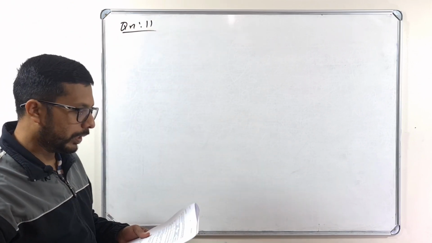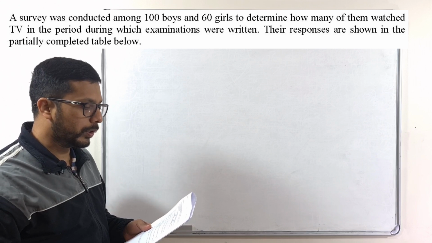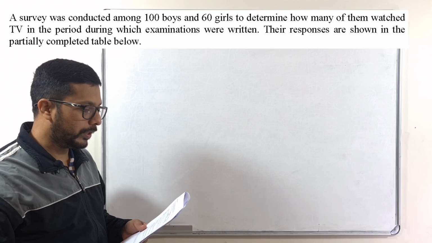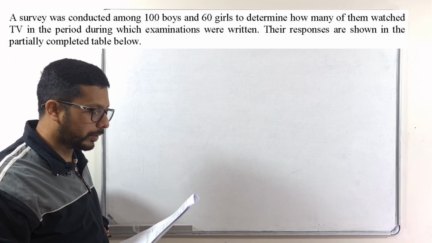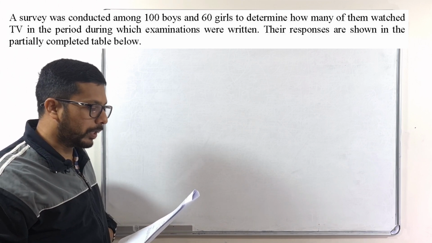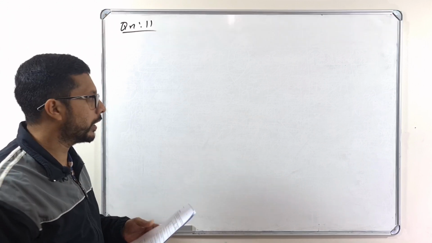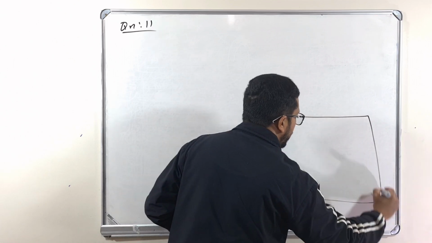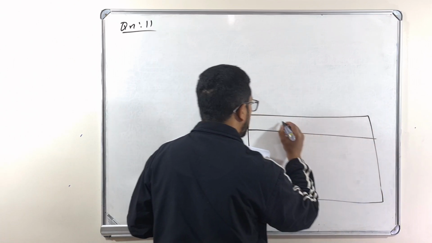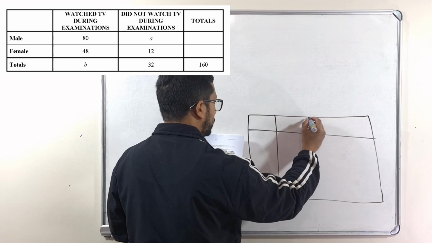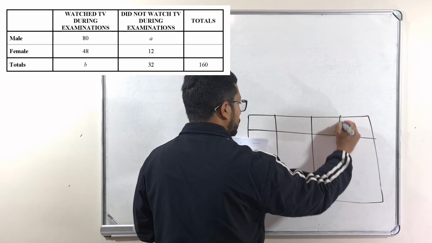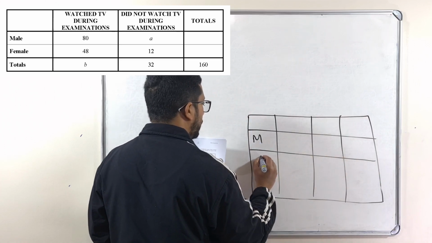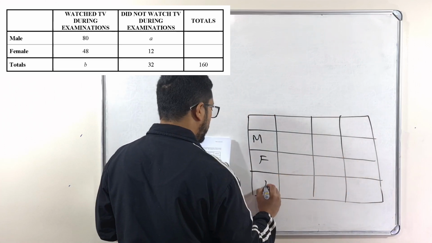A survey was conducted among 100 boys and 60 girls to determine how many of them watched TV in the period during which examinations were written. Their responses are shown in the partially completed table below. Let me draw that table roughly here. Male, female, and total.